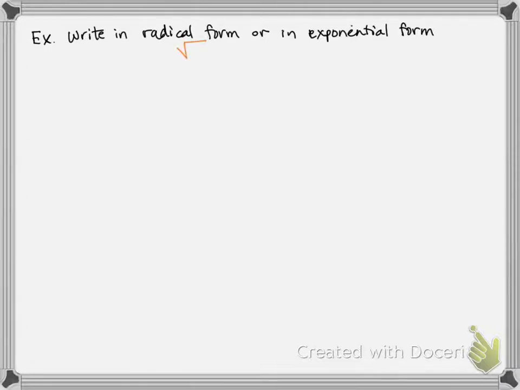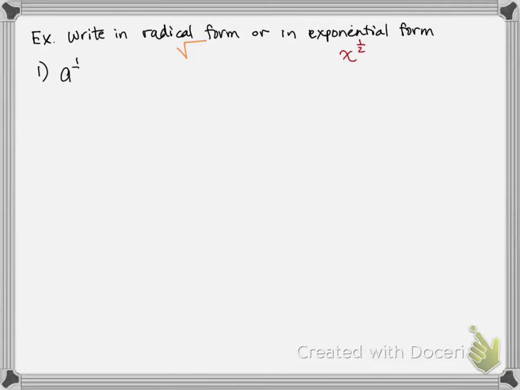If they give it to me in radical form, then I'm going to change it into exponential form. So let's say this guy would be something like that. Okay, so that's what we're going to play with here. So I'm going to do the direction that meets the problem. So the form it's not in is the form we're going to change it into.